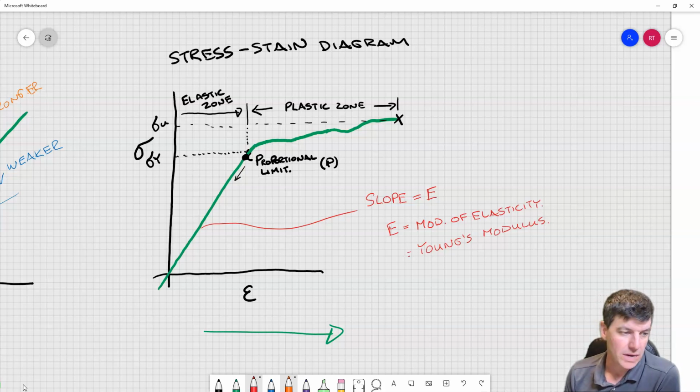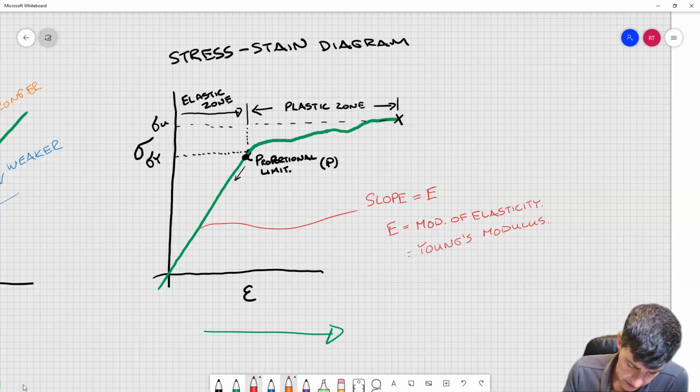If it was going to stretch a small amount for a given load, then it would have a higher value. So the E value is a measure of how stiff the material is. This is a measure of the stiffness.